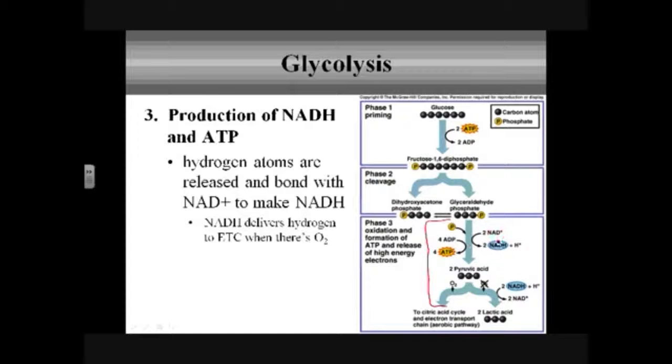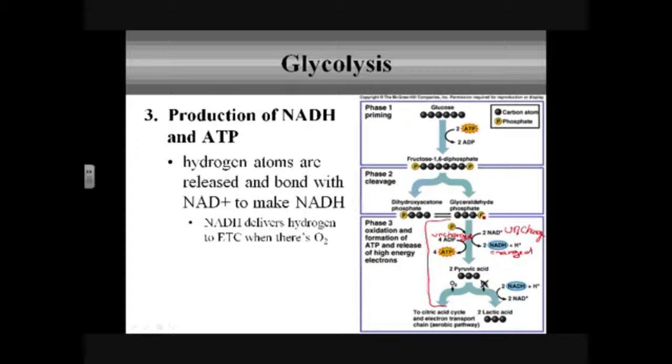So what's going to happen is that 2 NAD, which is the uncharged version of this temporary energy molecule that's going to carry energy on to our last stage, is going to come in and pick up hydrogens. So it's going to become charged. And likewise, our ADP molecules are those uncharged.